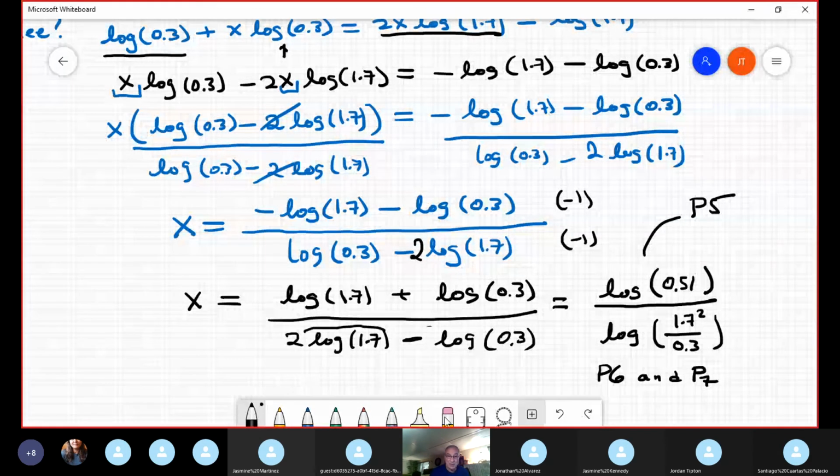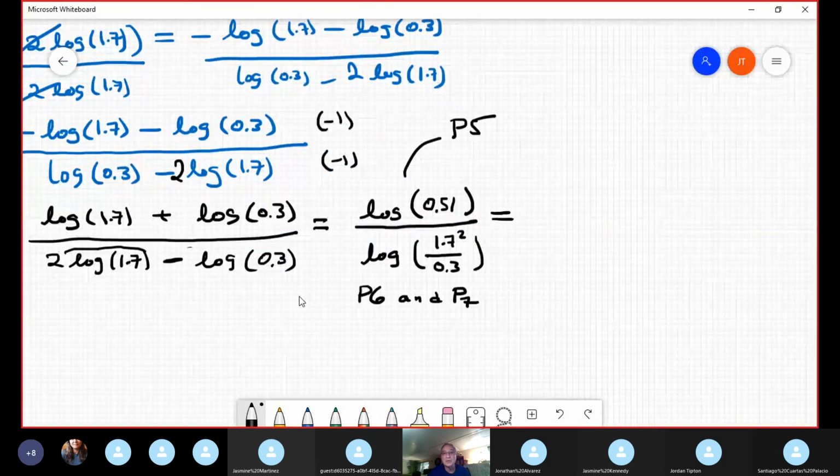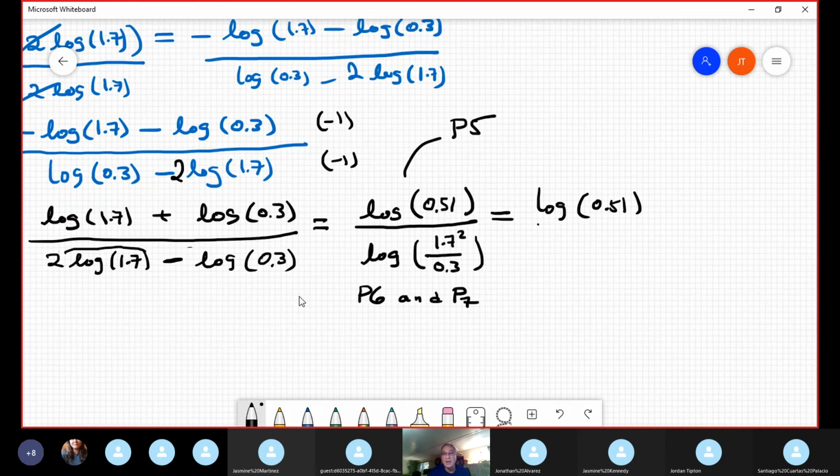So this is equivalent. I put it in my calculator now. It is log 0.51 divided by log of 1.7 squared divided by 0.3, and the answer is 9.63 repeated. Let me try.